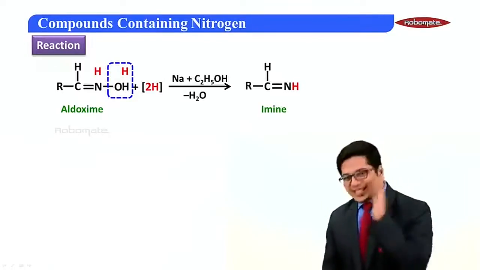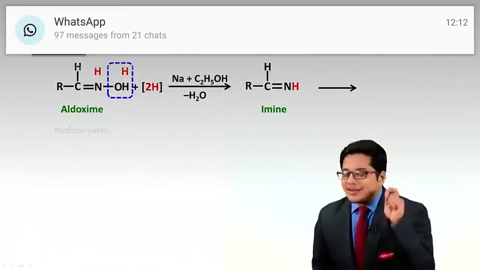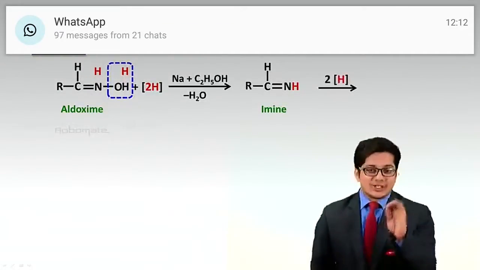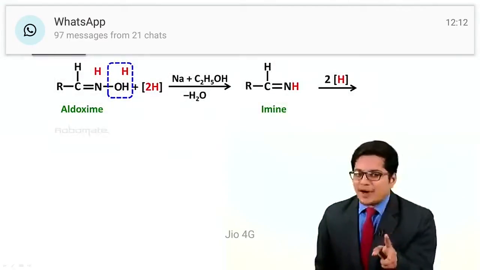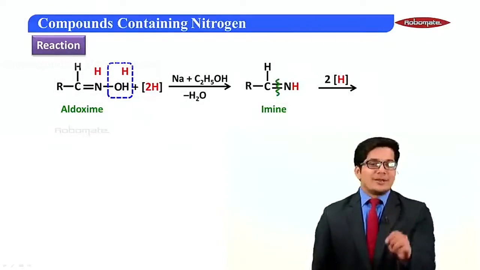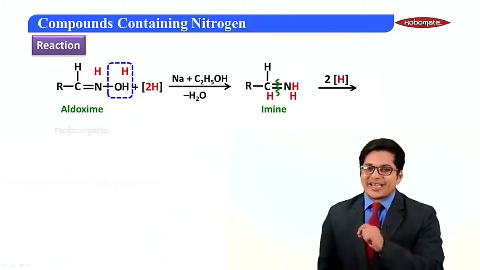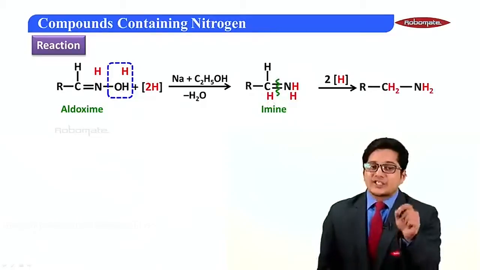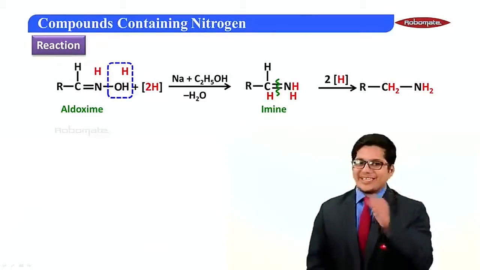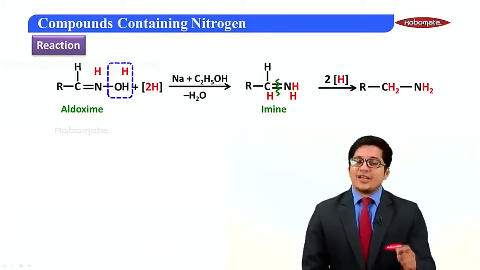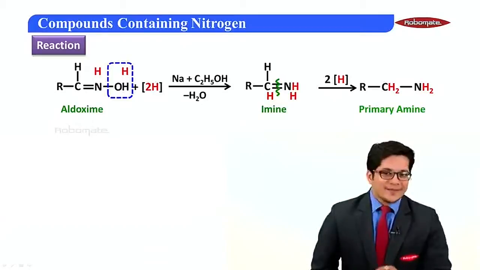Again, if this imine group is further reduced using the same reducing agent, that is sodium and ethyl alcohol, what do we get? Double bond would be broken down. Across the double bond you would add hydrogen, so you will get RCH2NH2. And is this an amine? Yes, it is. So what exactly we are getting? We are getting a primary amine.